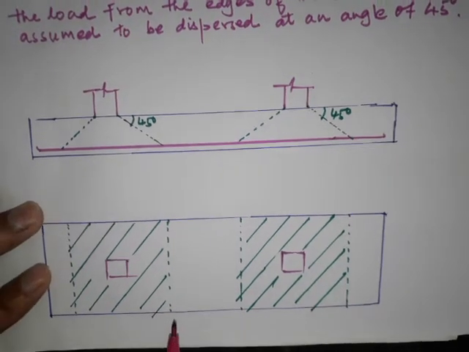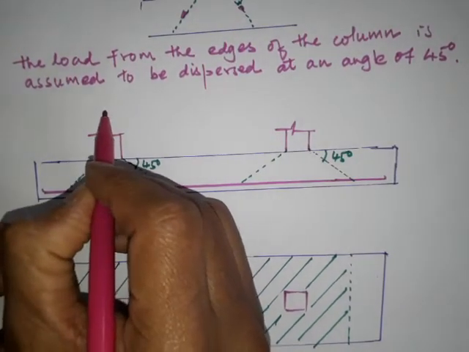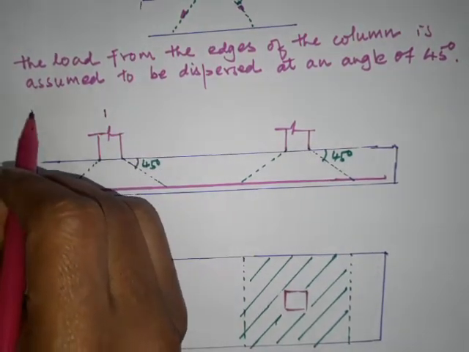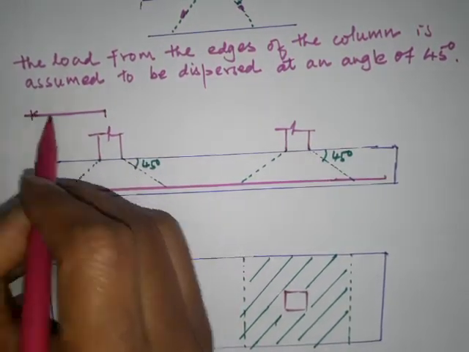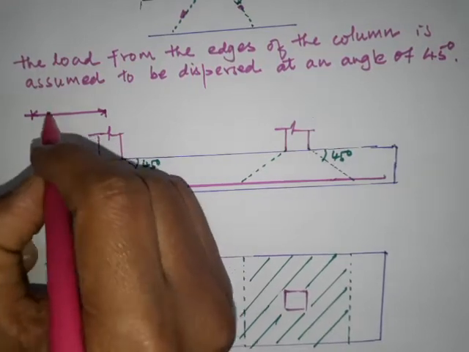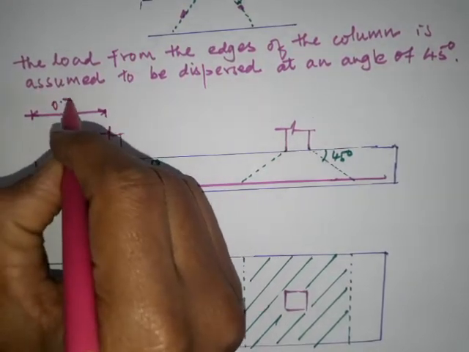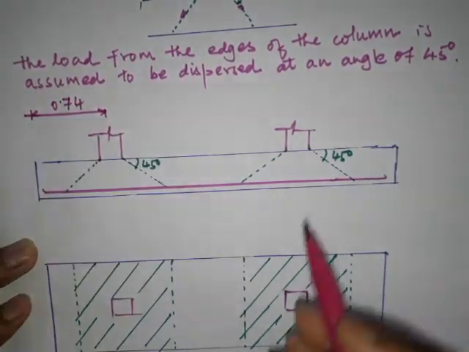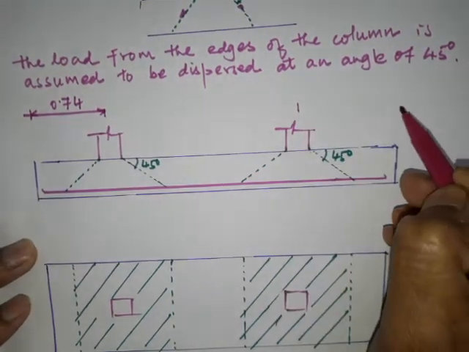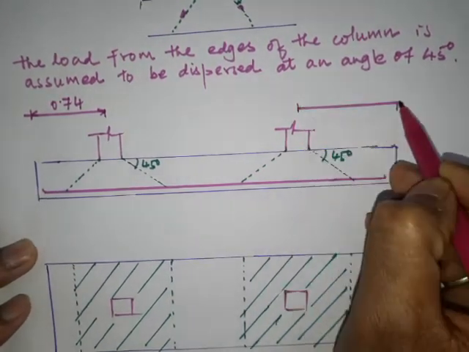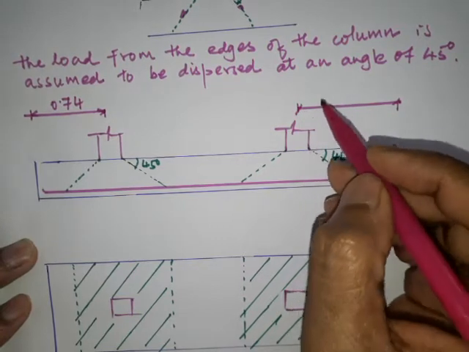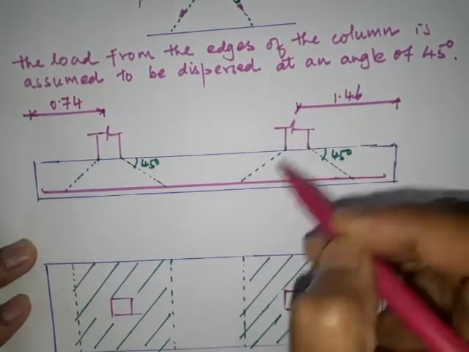I think we know this, the distance from column A. This distance, I think, is 0.74. This you have to note down. Then also this is 1.46, we already calculated.